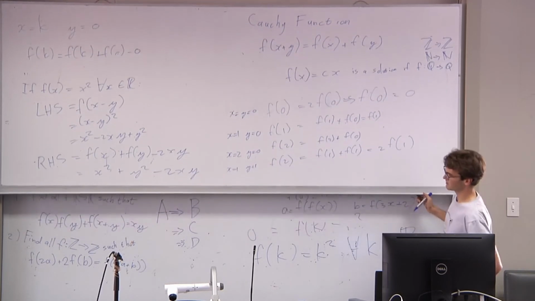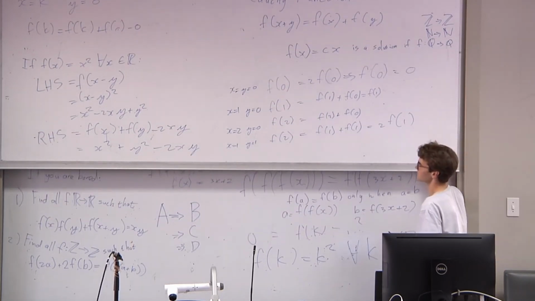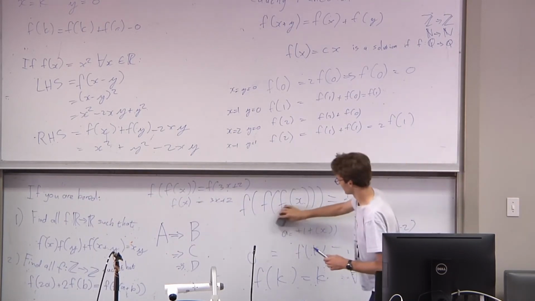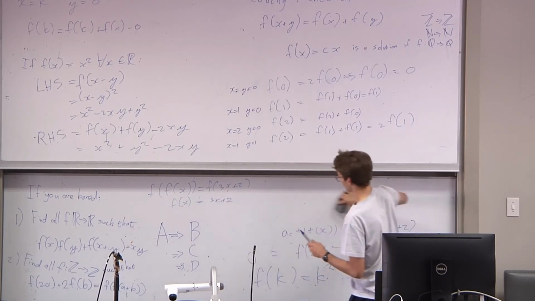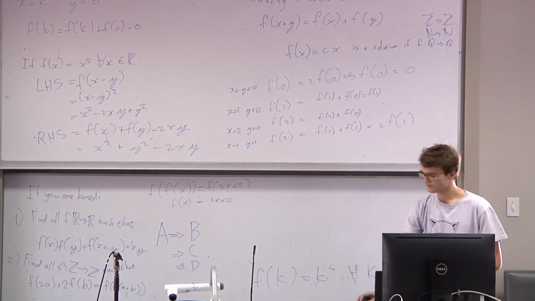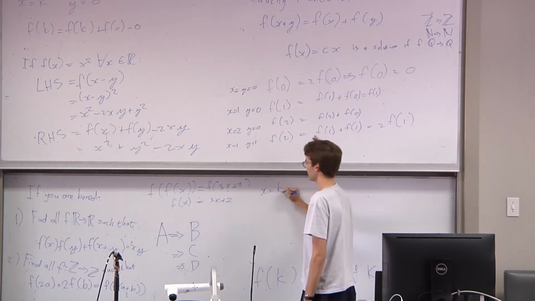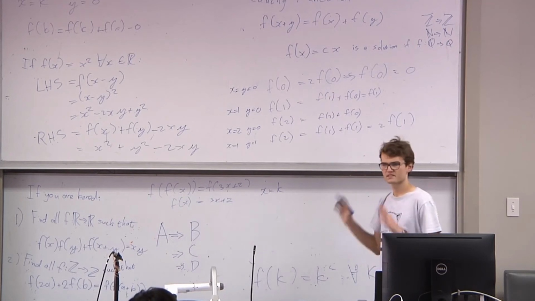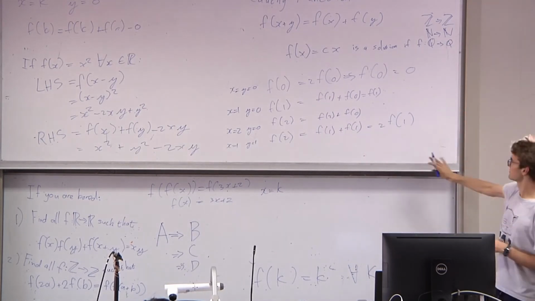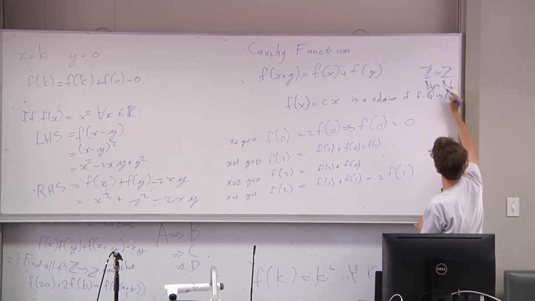Now you might think of saying, well, what happens if you let x equal k, where k is some value in the rationals or the naturals, including 0, or the integers?